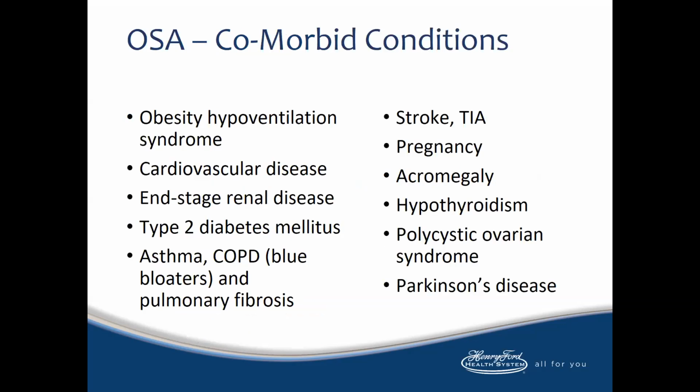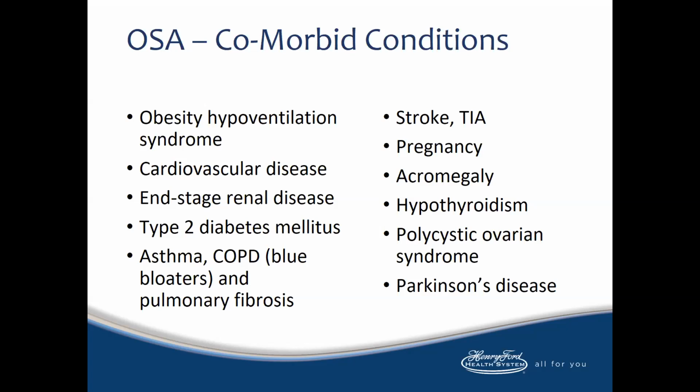So, going back to the comorbid conditions that are associated with obstructive sleep apnea: a lot of patients that have hypoventilation syndrome have OSA, but sometimes that's not the reverse. You'll see a lot of patients with cardiovascular disease, whether it's heart failure, coronary artery disease, or arrhythmias, that have an association.